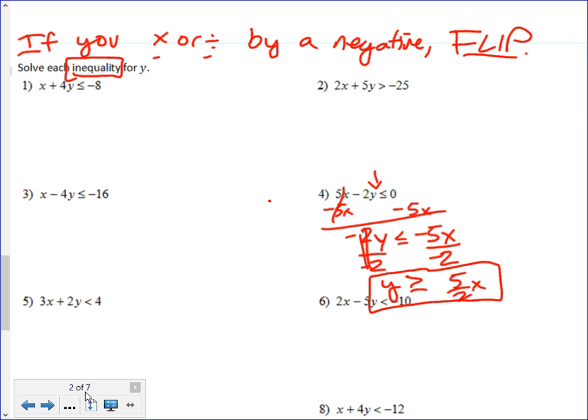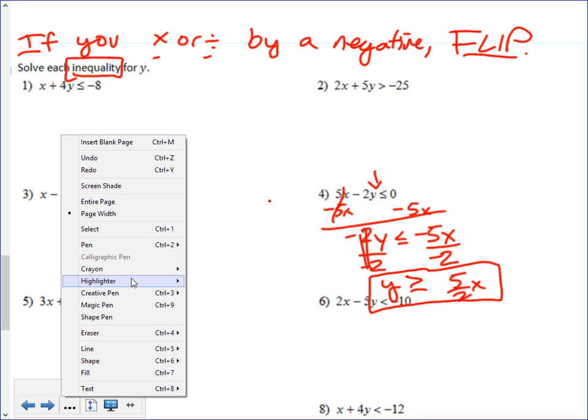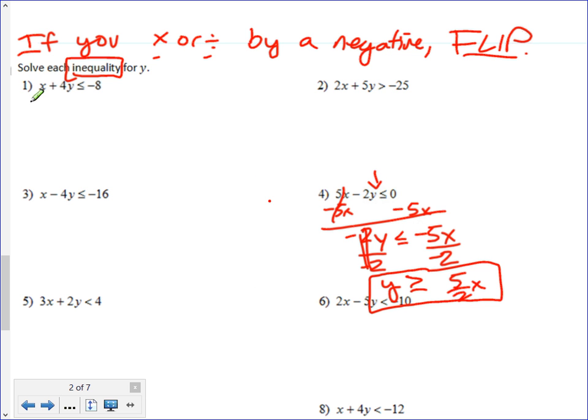Look, you can tell right away if you're going to flip the sign or not. Look at number 1. Are you going to have to flip the sign? Why not? The number in front of y is positive 4. You're going to subtract x first, and then you're going to divide both sides by positive 4. Number 3, you're going to have to flip the sign.